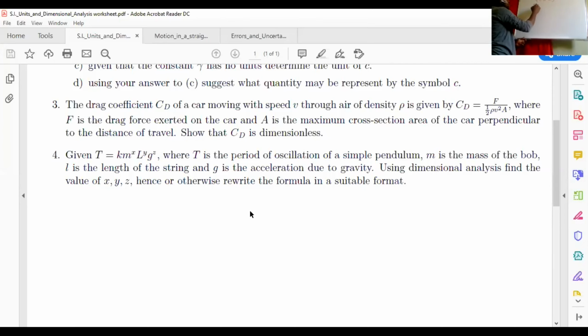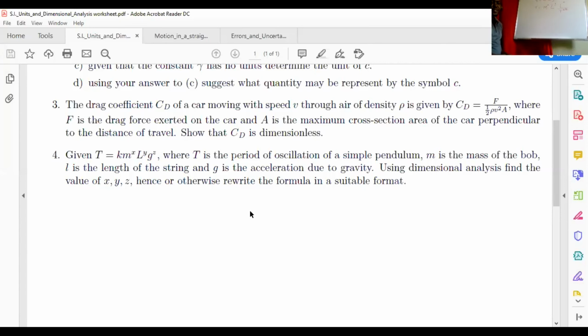Using dimensional analysis, T would be T, mass would be M to the X, length would be L to the Y, and G here is acceleration, which is length over T squared, but this is to the power 2Z.